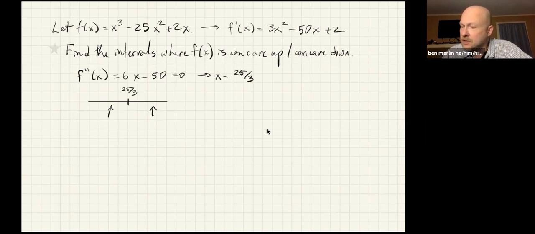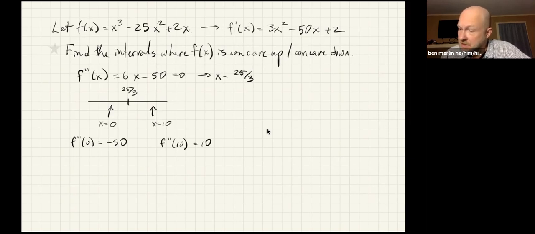So smaller, x equals 0 is in there. Larger, x equals 10 is in there, okay? So f double prime of 0 is going to be equal to negative 50, which is negative, last time I checked. And f double prime of 10 is going to be equal to 60 minus 50, positive 10, and that's positive, okay?